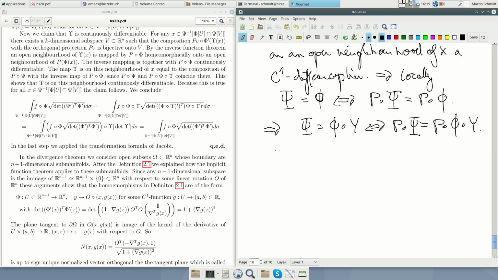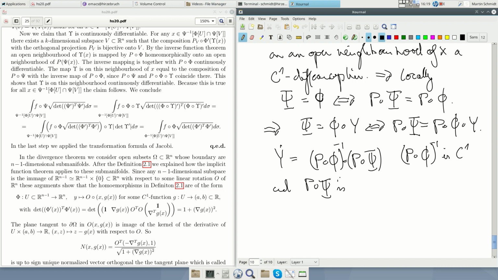So now we can write upsilon as the inverse of P composed with phi, composed with P composed with psi. P composed with phi inverse is C1 and P composed with psi is C1, so upsilon is C1. This proves the claim.